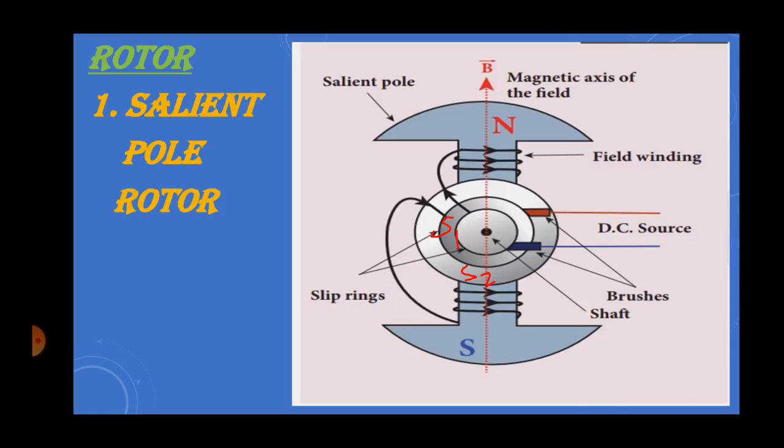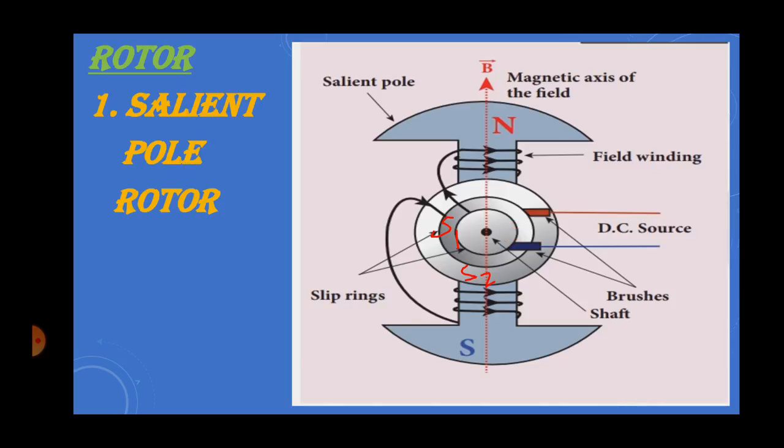So students, the salient core or pole. The word salient means projective, that means projection. This rotor has a number of projecting poles having their base riveted to the rotor.